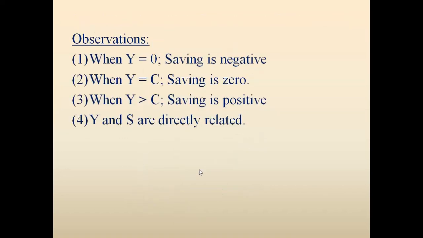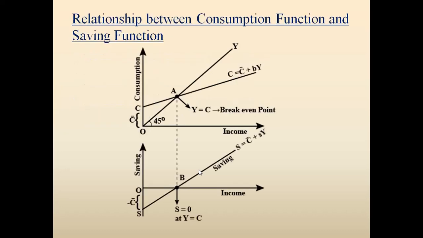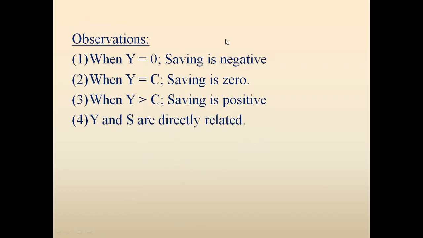So there are 4 observations that we can draw out here: when income is equal to 0, saving is negative, that is your dis-saving. But when income is equal to consumption, your saving is 0. But when income is more than consumption, from this point, saving is positive.